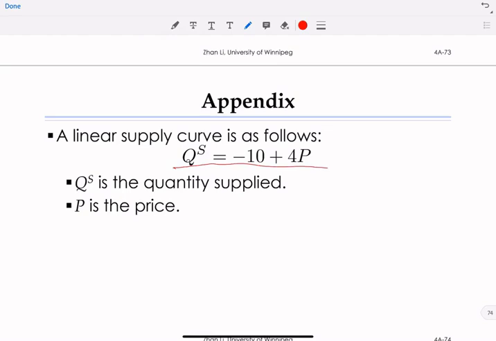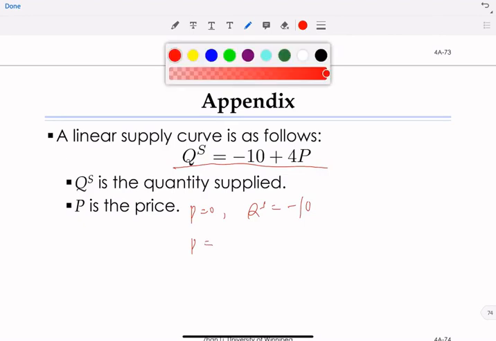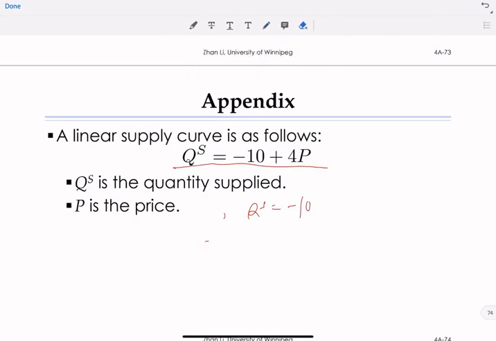You could also plug in some numbers and examine that this is actually a supply curve. Let's say if P is 0, then we get QS, which is minus 10. Let me use larger prices because I don't want to have negative quantity supplied.